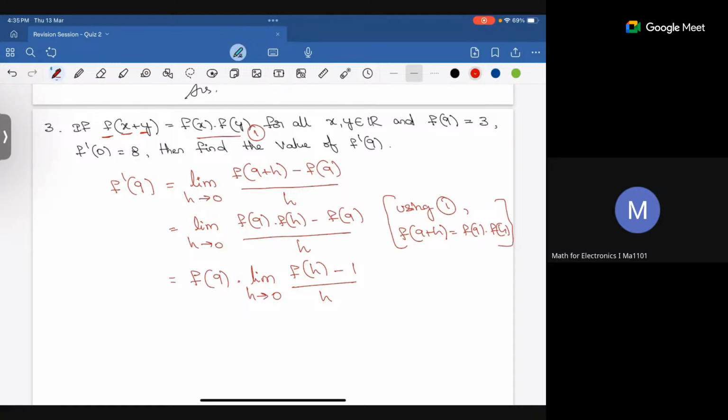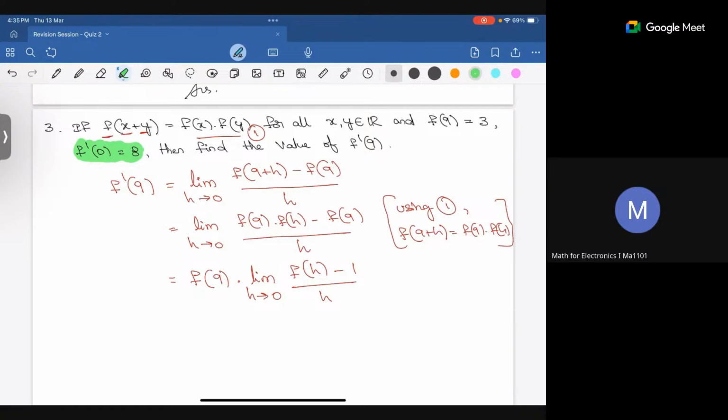We have something: limit h tends to 0, f of h minus 1 by h. And another piece of information is given to us that we haven't used yet. What is that information? It is this: f prime of 0 is 8. So this information I somehow have to use.